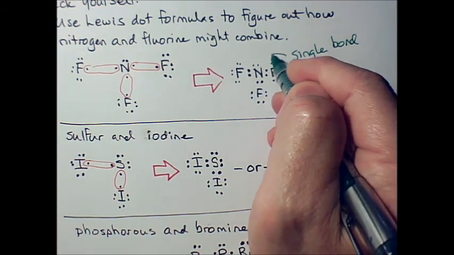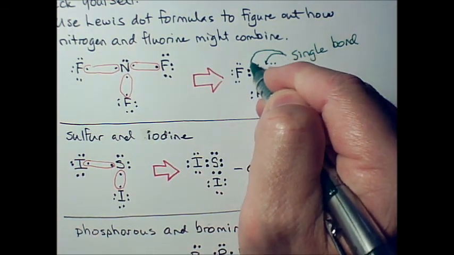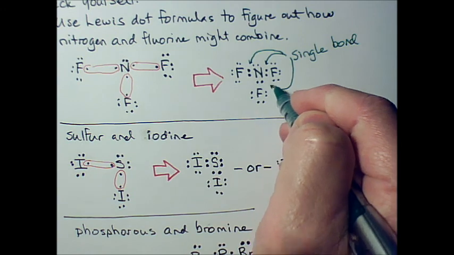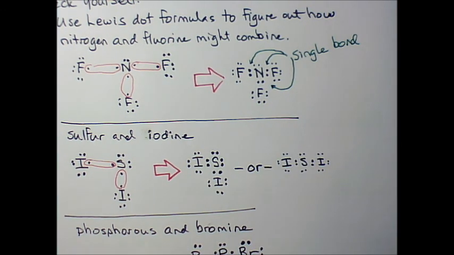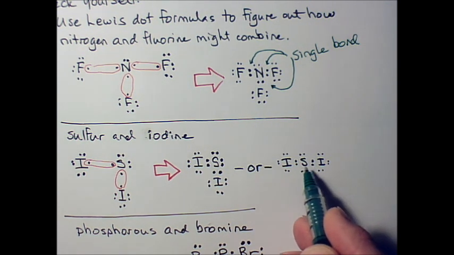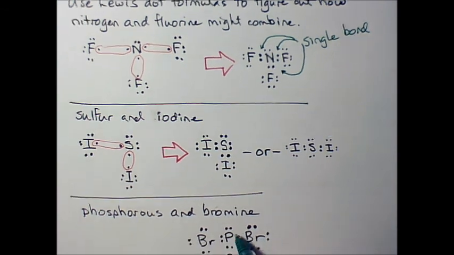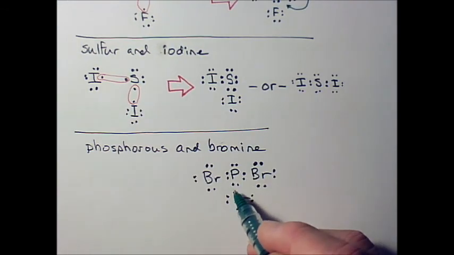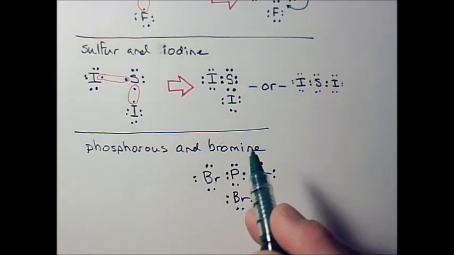So we've got single bonds here, and here, and here in this drawing. Okay? You got that? Here we've got a single bond there and there. Got single bonds down here, here, here, and here. All right?